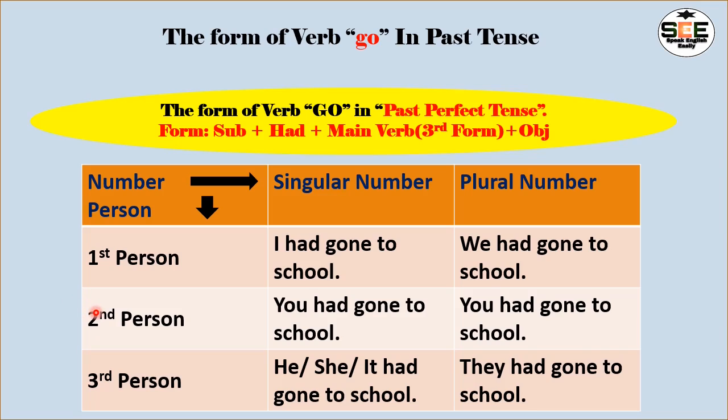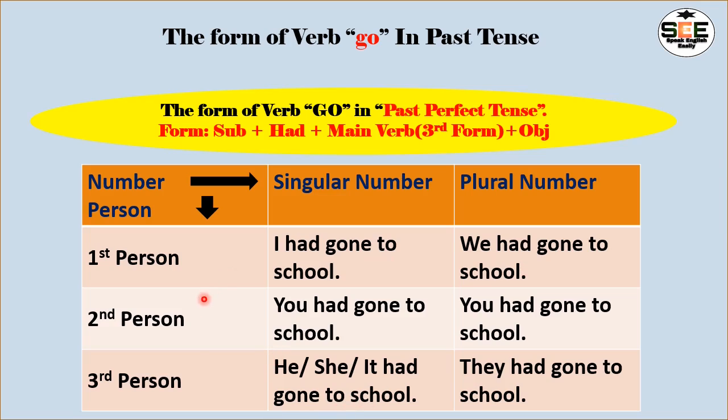Now if we see the second row of this table, it is second person. You had gone to school. Here you is the subject, had is the helping verb, gone is the past participle form of the verb go, means third form of go, and school is the object, right?